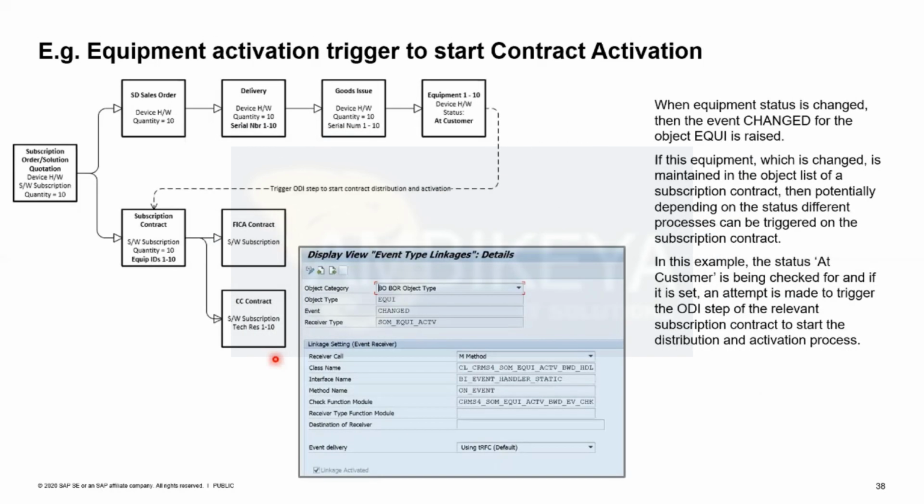And this is the one where, once the equipment is active and the database is updated with the right status, the next event gets triggered, which sets the billing start date and also triggers distribution of contracts to FICA and CC. So only from this time on, the contracts will really be active and the customer will be invoiced.